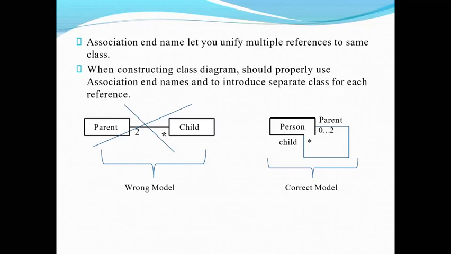So now here we will study how we are going to model this properly, with the proper reference names. Each association end name will have multiple references, because it will have the same class. As it is having the same class, that's the reason it is going to have multiple references.